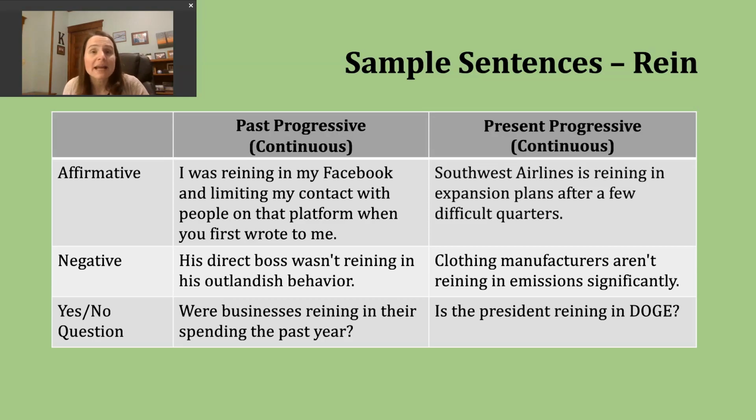So we're going to have to pay attention to our subject in the past progressive. If our subject is I, he, she, or it, we'll use was, and then that ing form of the verb. But if your subject is you, we, or they, then you want to use were, W-E-R-E, and then the ing form of the verb. Let's take a look at an affirmative example.